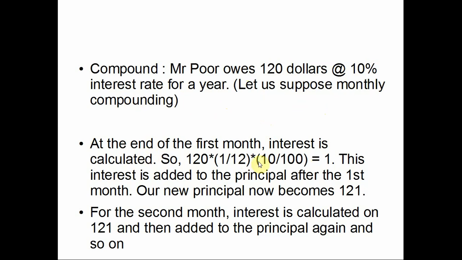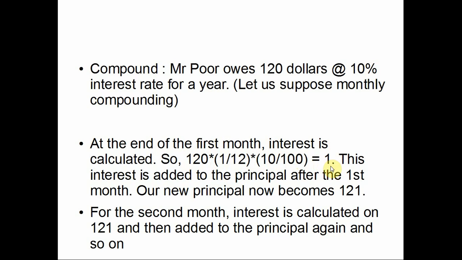At the end of the first month, the interest is calculated based on the simple interest formula: 120, which is my principal, into time, which is 1 by 12th of a year, so 1 month, into the interest rate divided by 100 because it's a percent. This gives me an interest of 1 for the first month.